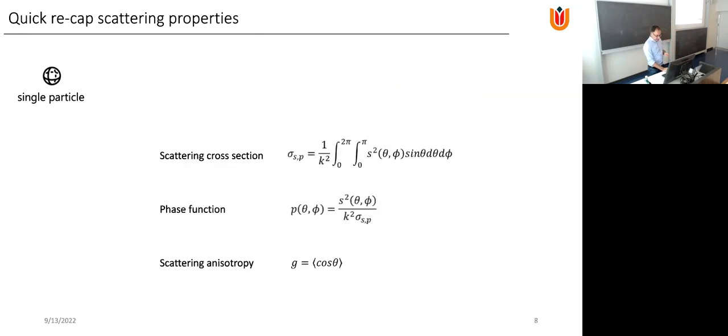In summary, the first equation is again the scattering cross-section. If we normalize the s squared function so that the integral will be unity, then we get this new function called the phase function, and the phase function is characterized by the average cosine of the scattering angle, g.